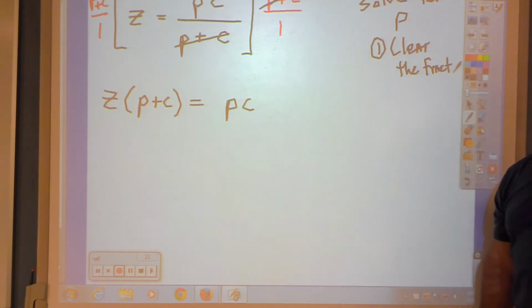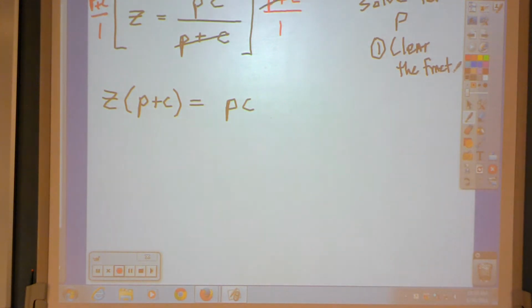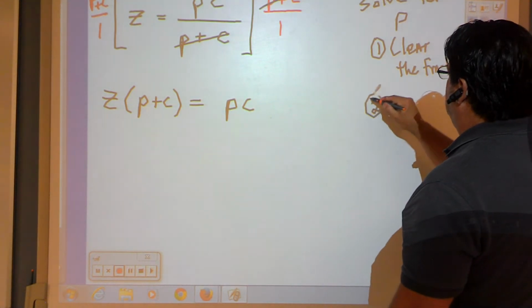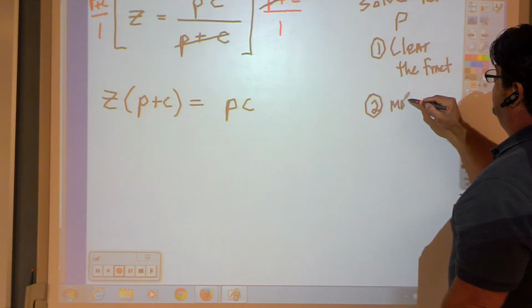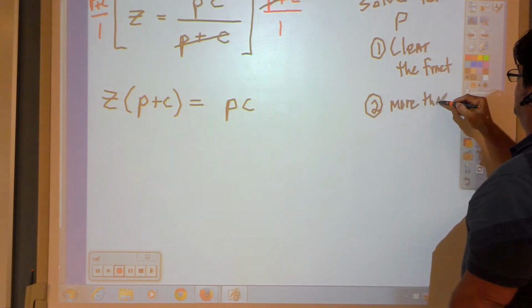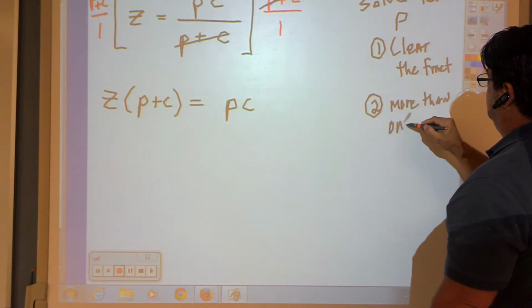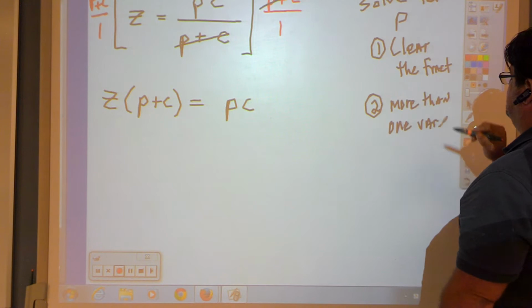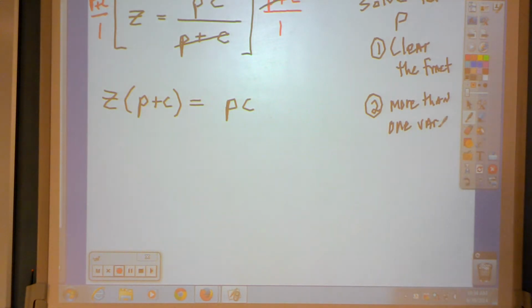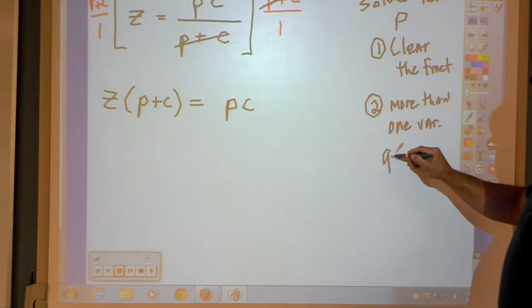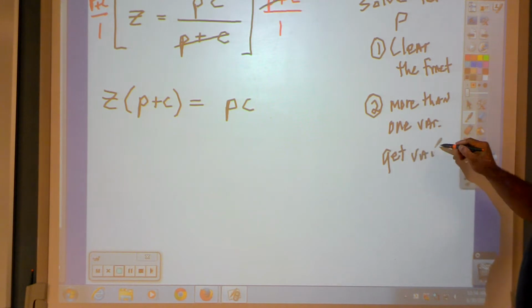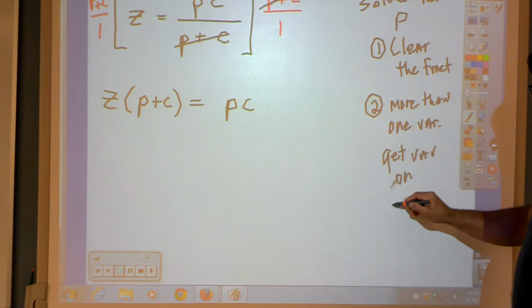The second rule you need to remember about solving formulas is if there are more than one variable that you're solving for, get the variable on one side.